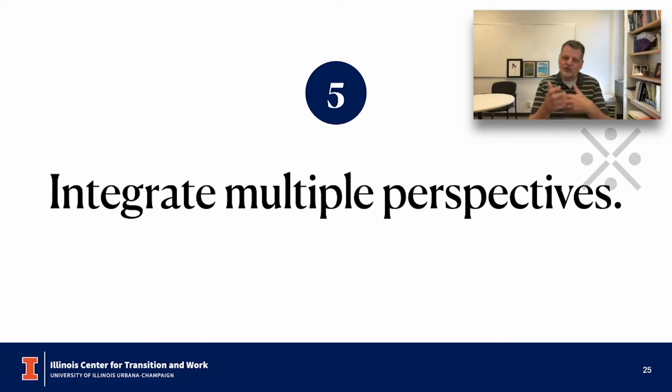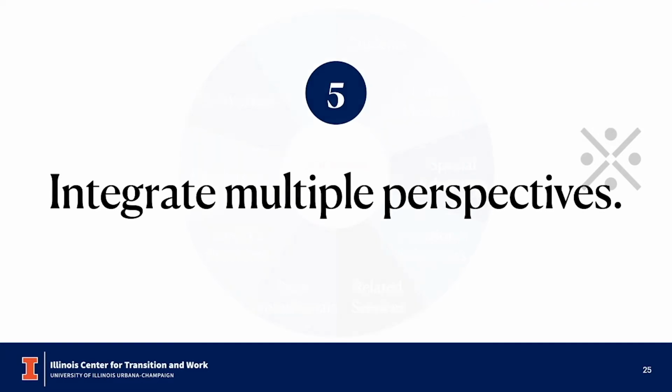These kinds of multi-informant approaches may be particularly important when we're conducting transition planning for students who have complex communication needs, or who just have difficulty articulating their own goals or interests or strengths and support needs. So this reliance on multiple proxy informants can be heightened when employment planning focuses on students with significant disabilities. And it really helps provide the most accurate and relevant portrait of a student.